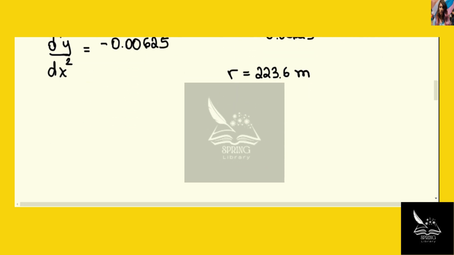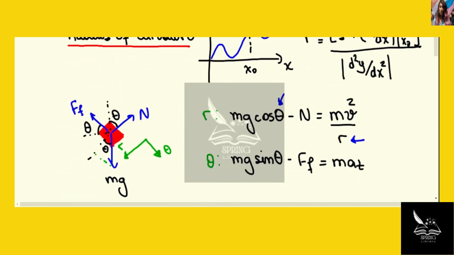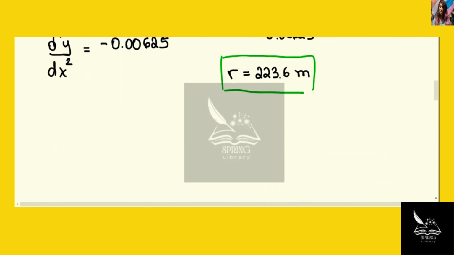Now, given this, we can go back to the equations for the two components and find both Ff and N. Let's start with N. N is equal to m times g cosine theta minus v squared over r.